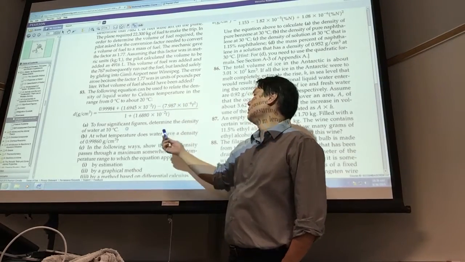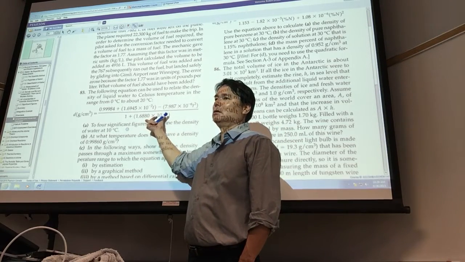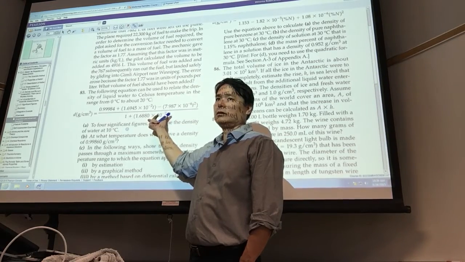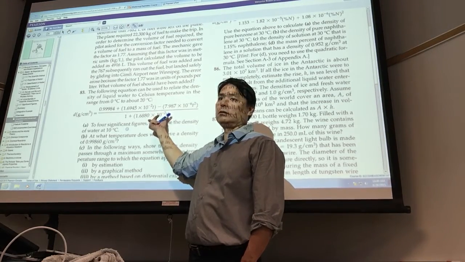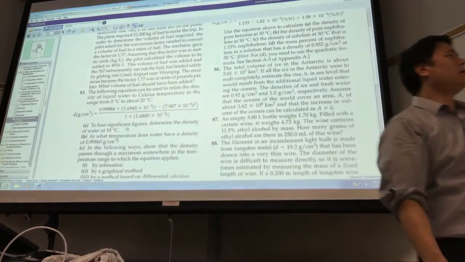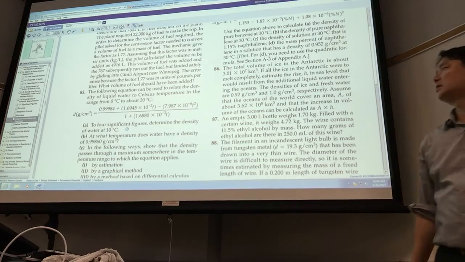And where did this equation come from for the density of water? Somebody tell me, did this come from theory? Observations. This is an empirical equation from observations. Somebody just plotted it out and figured out what mathematical function fits this weird curve. This is it.